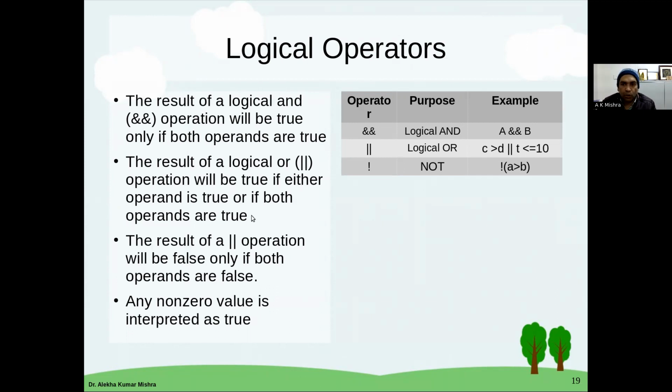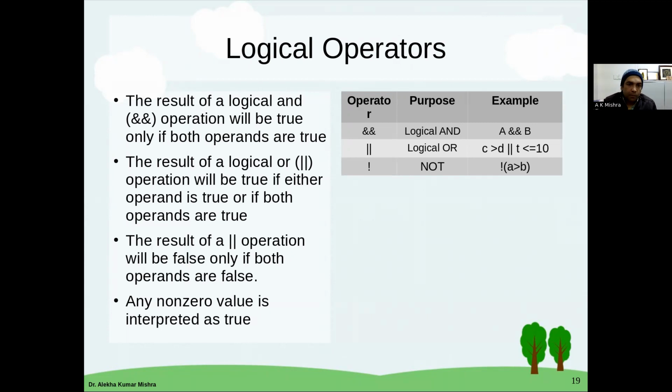If there are two inputs to the logical AND gate and both inputs are true, if there is power in both inputs, then only the output will be one. If any of them has no input, let's say zero, no voltage, then the output is going to be false.